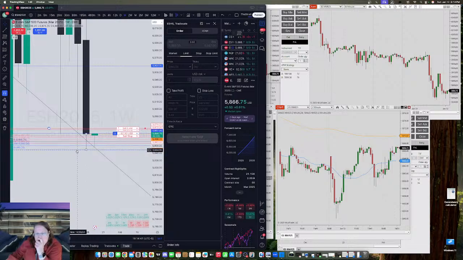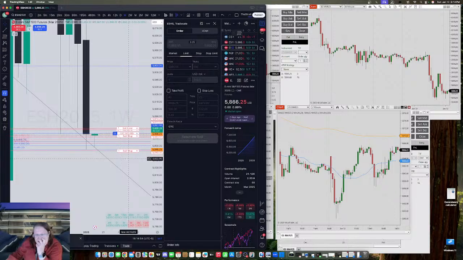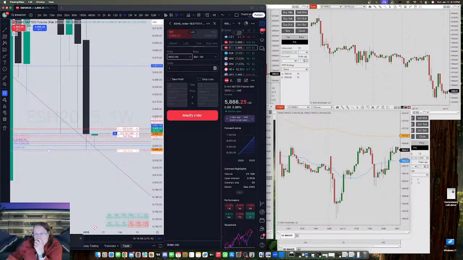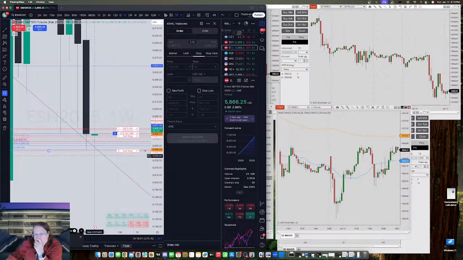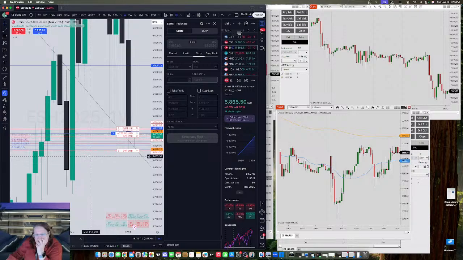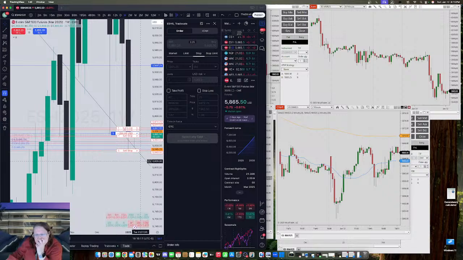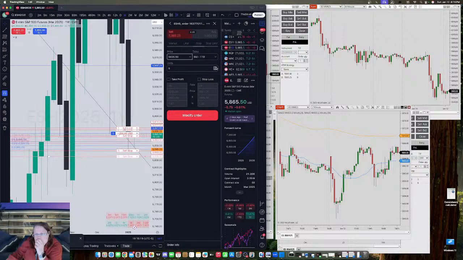What I'm also going to do is sell 3. I'm going to put in an order to sell 5, actually, if they take the lows of last week. We'll sell 5 down here, and then somewhere around 58.35 and a half, I'm going to sell 2.